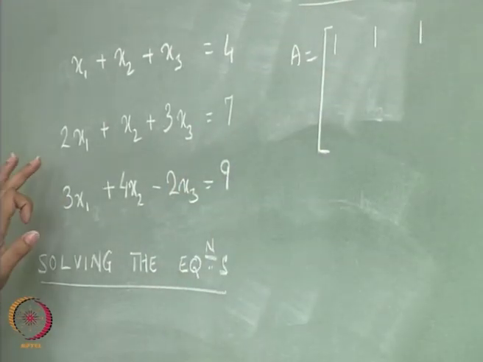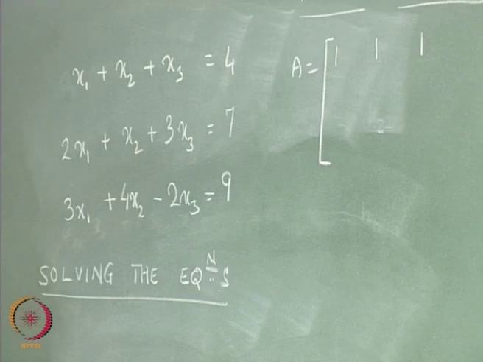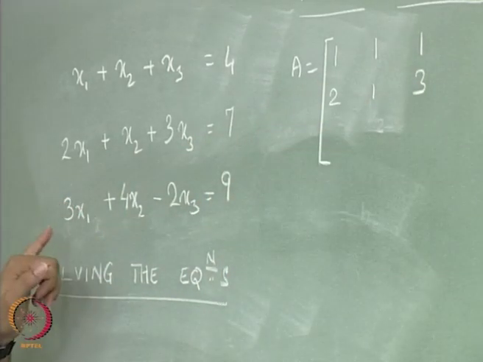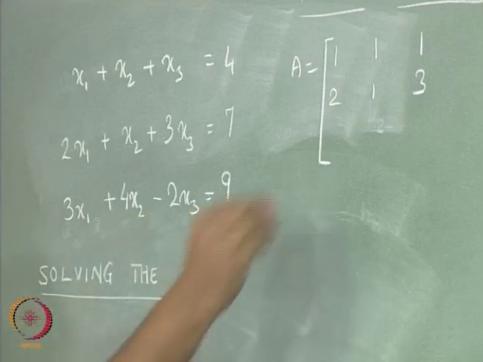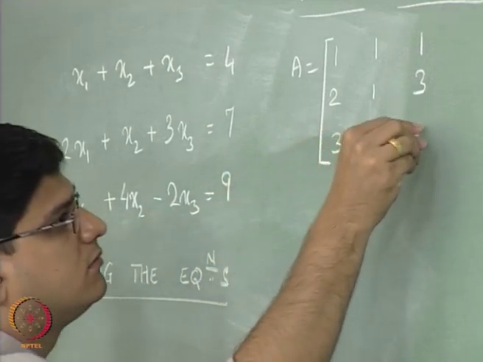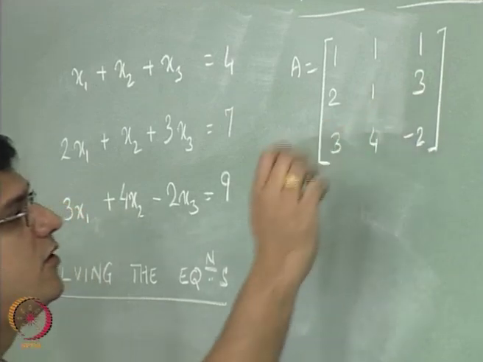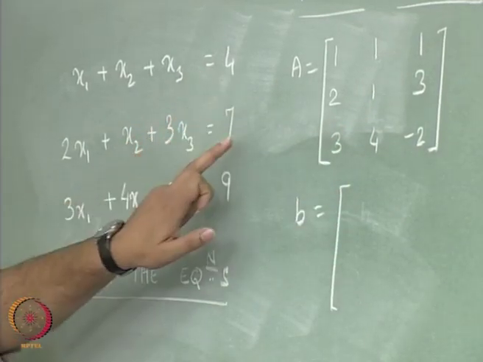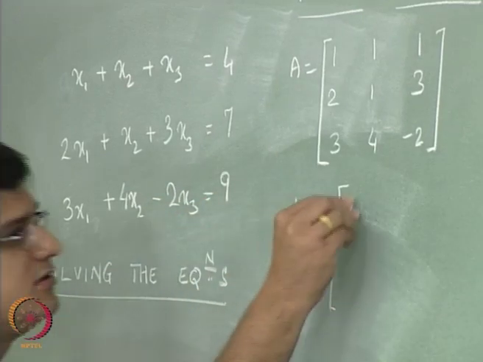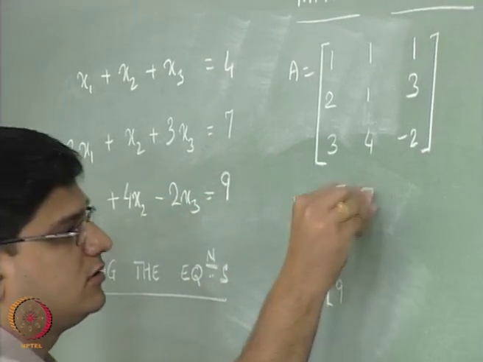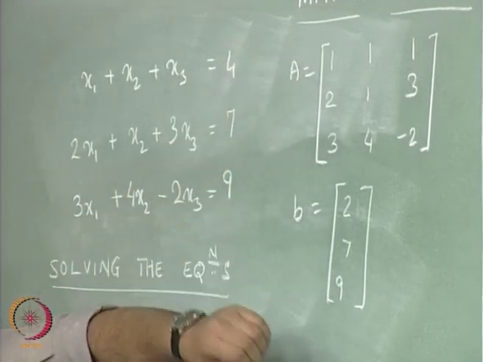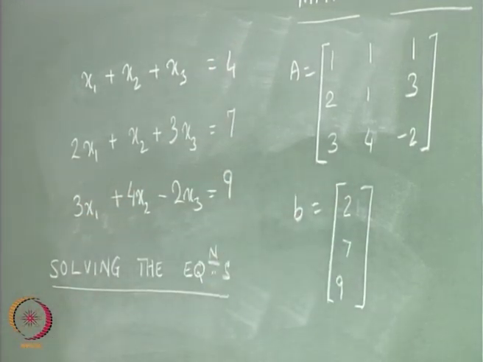In the second row we will have 2, 1, 3, and in the third row we will have 3, 4, minus 2. For the vector b we will have 4, 7, 9.